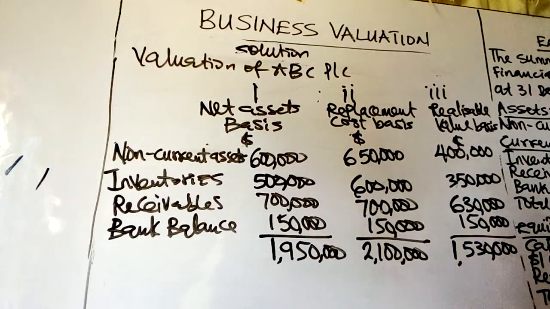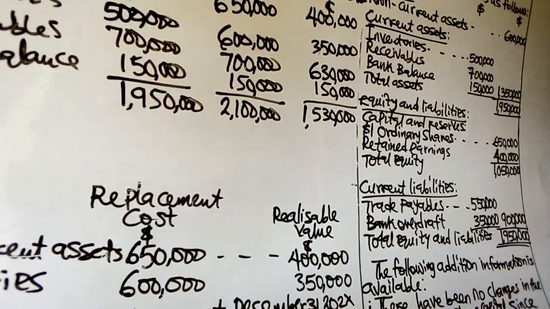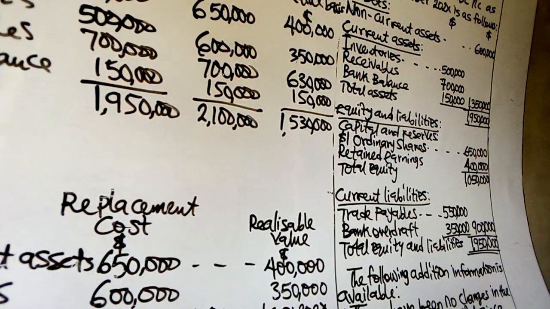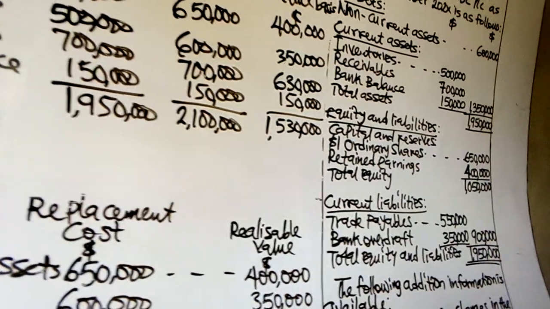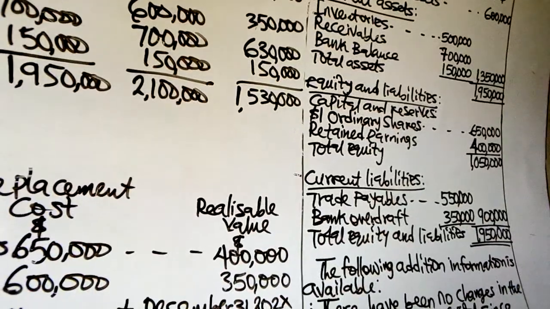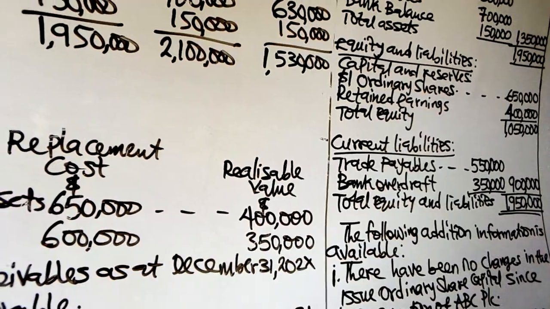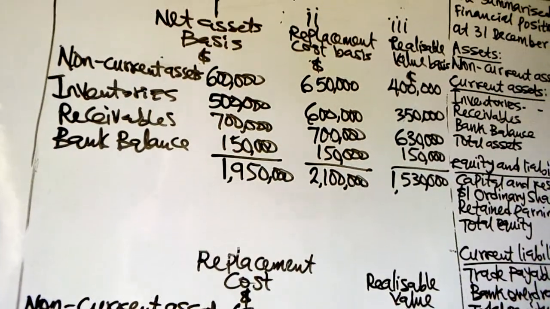I've told you that from the total assets, you less liabilities. Our liabilities include trade payables of 550,000 and the bank overdraft of 350,000. Those are the two liabilities we have. So now you want to less the liabilities.